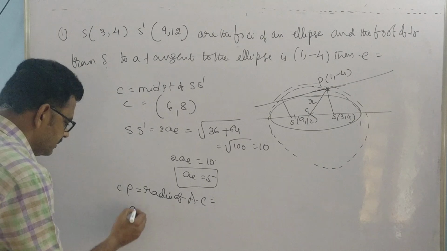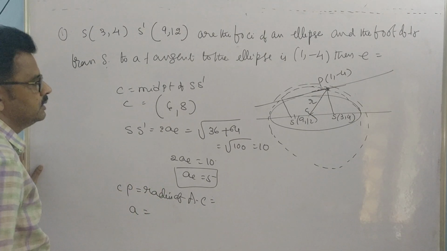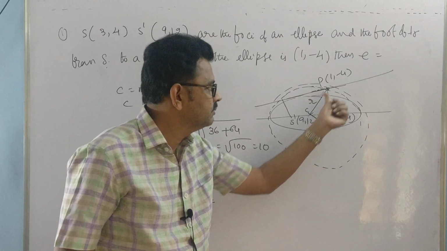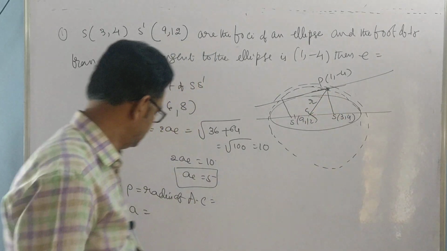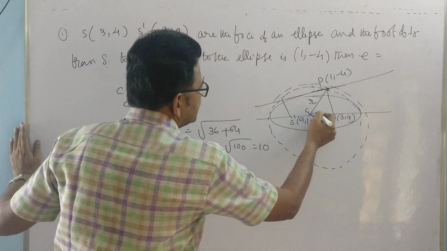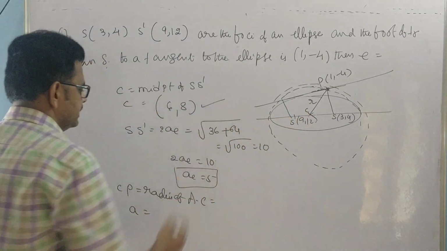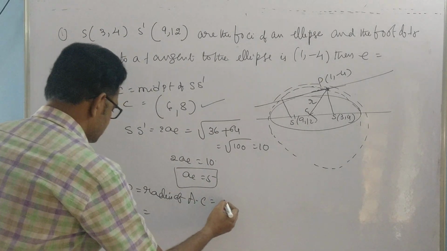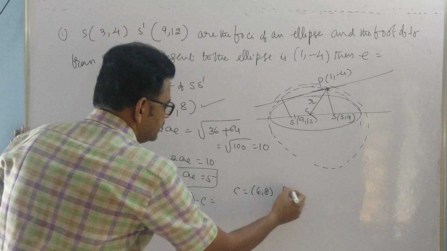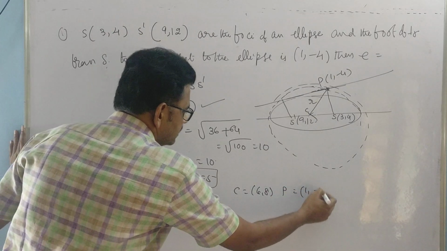What is the equation of the auxiliary circle? x square plus y square equal to a square. Therefore a equals the radius of the auxiliary circle. The center is (6, 8), so C is (6, 8) and P is (1, minus 4).